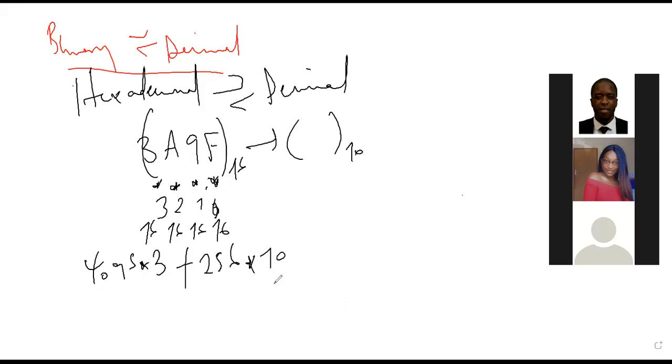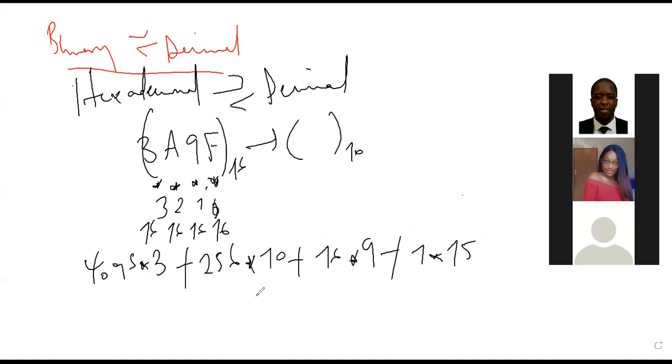So 16 to the power of 2 multiplied by A. What is A in hexadecimal? A is 10. Plus 16 to the power of 1, that's 16, multiplied by 9, plus 16 to the power of 0, that is 1, multiplied by F. F in hexadecimal is 15.